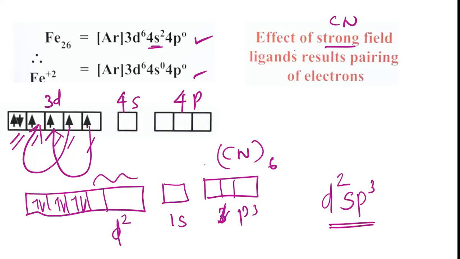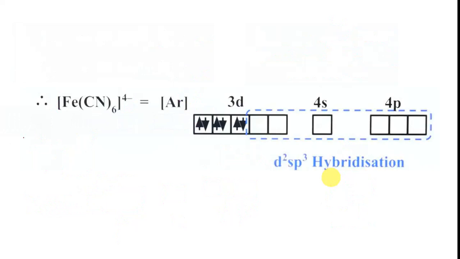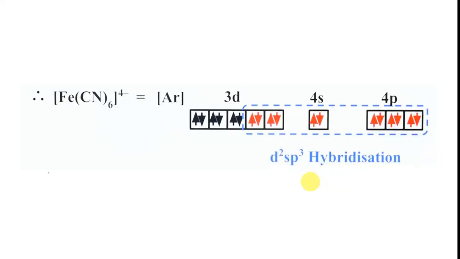So in these places, the CN places its electrons. CN is bonded to the central metal atom, right? So look here. These places become empty because these 2 electrons present here are forced by the CN ions to get paired with these 2 electrons, right? Where you get d2sp3 hybridization.